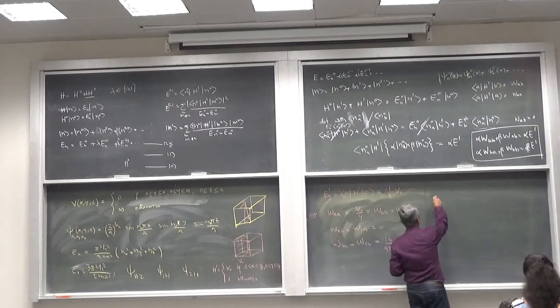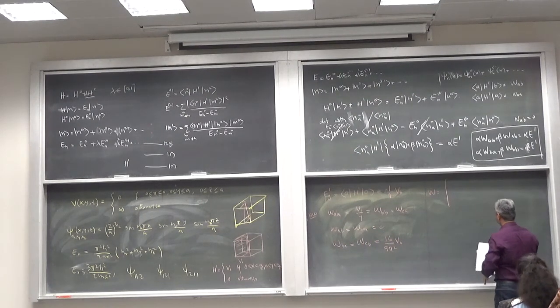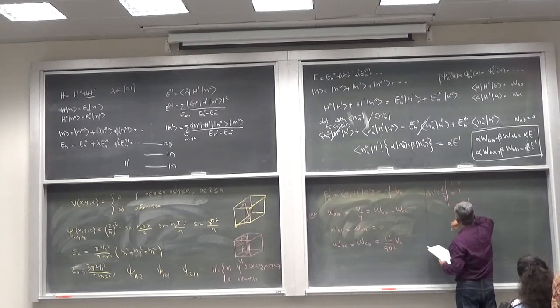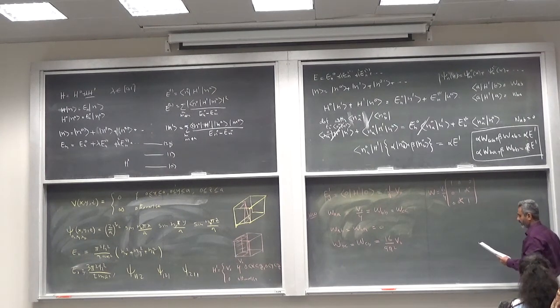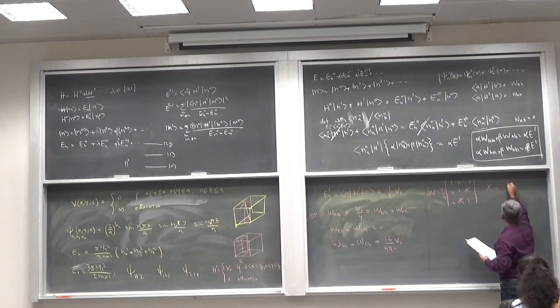And so if you construct the W matrix, it is equal to V0 over 4 times the matrix with rows 1, 1, 1; 0, 0, 0; 0, 0, kappa, where kappa is 8 over 3 pi squared.